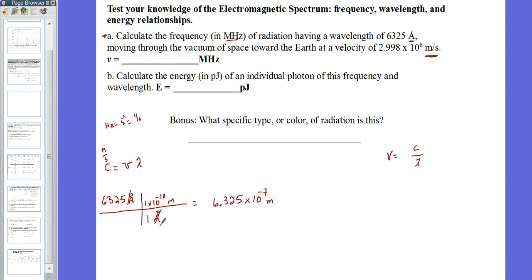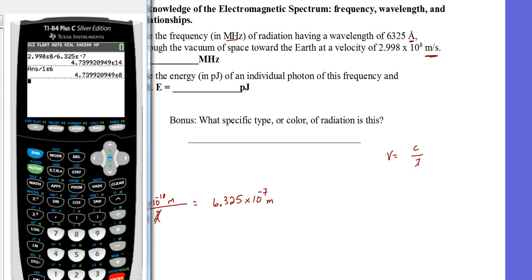You could also use a calculator if you wanted to calculate that. 6325 times 1 times 10 to the negative 10, and there's your 6.325 times 10 to the minus 7. So that would be your wavelength in meters.